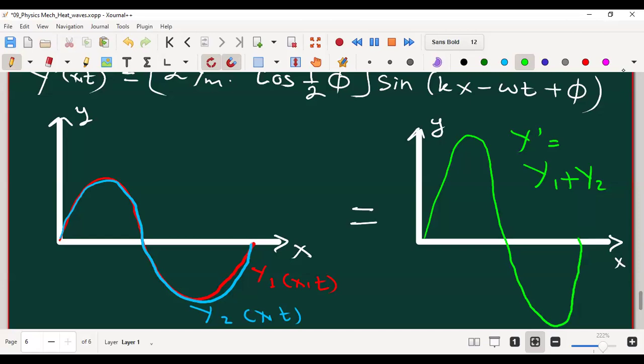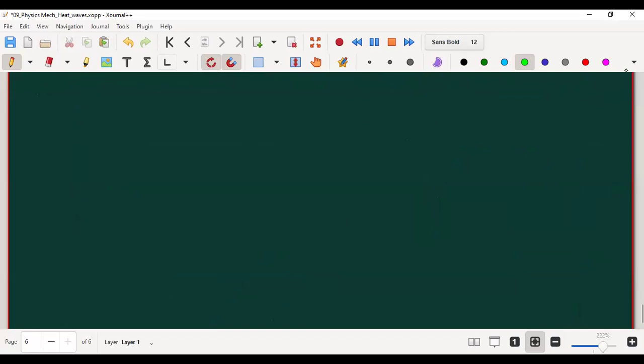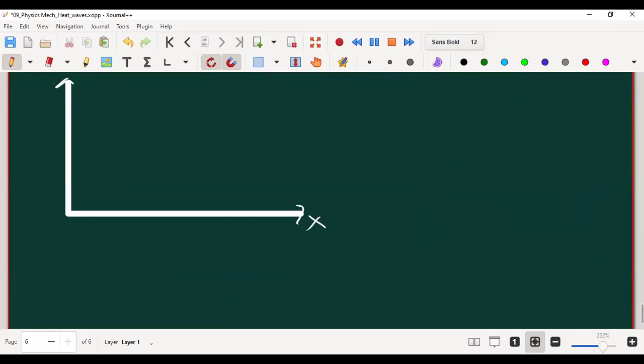But if the waves are not in the same phase, for example, if I have wave one and then another wave in a different phase, the result will be zero.